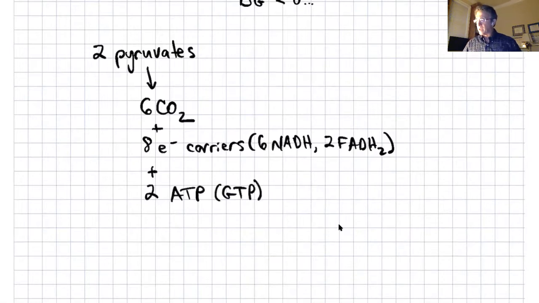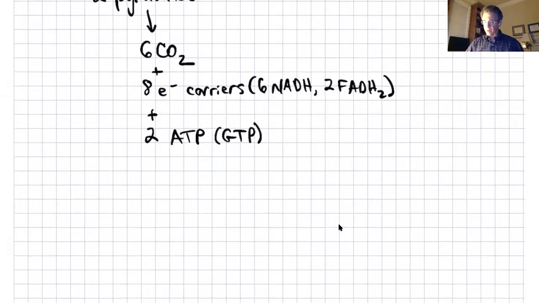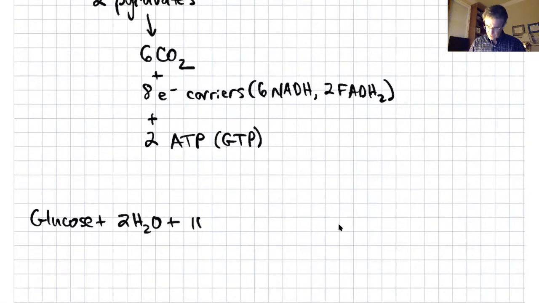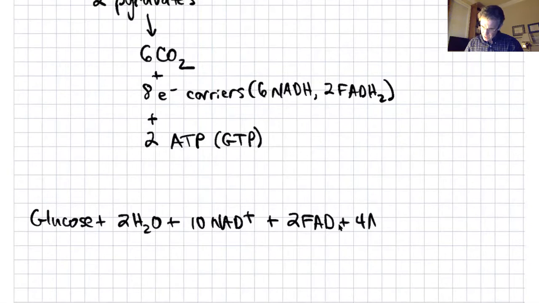GTPs. So overall, our total yield for this process would be 1 glucose plus 2 water molecules plus 10 NAD pluses, plus 2 FADs plus 4 ADPs.